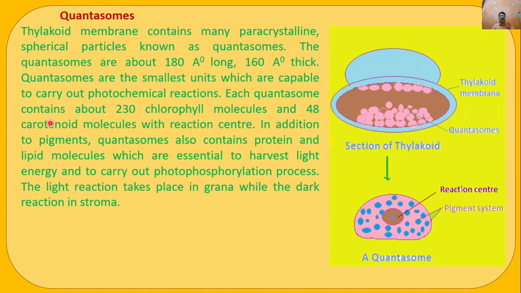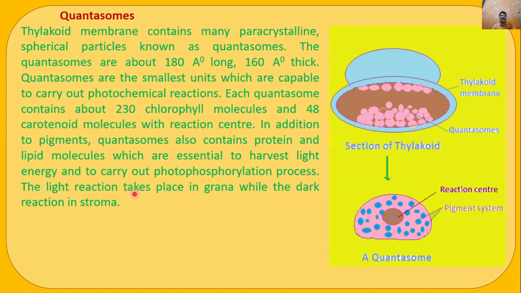Each quantasome contains about 230 chlorophyll molecules and 48 carotenoid molecules with a reaction center. In addition to pigments, quantasomes also contain protein and lipid molecules which are essential to harvest light energy and also to carry out the photophosphorylation process.